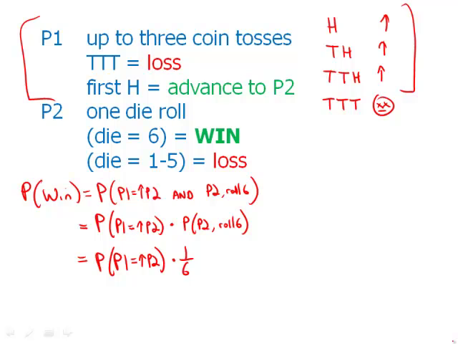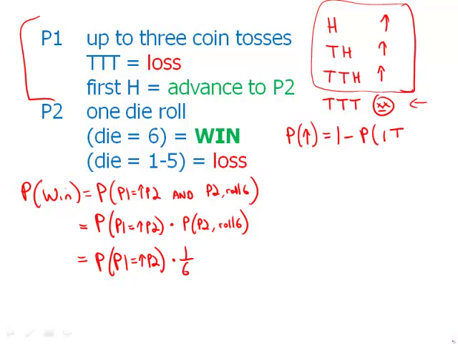Notice that those three cases would have 3 different probabilities because they involve a different number of tosses in each case. But notice that of the 4 possibilities, 3 of them are the thing that I want, and 1 of them is not the thing that I want. This is an ideal scenario for using the complement rule. So the probability of advancing on phase 1 is 1 minus the probability of losing.